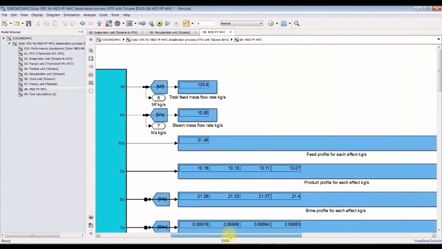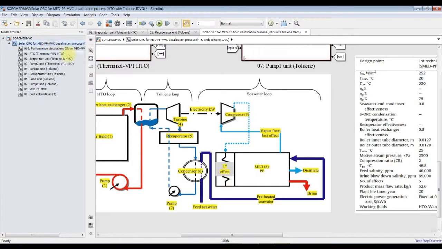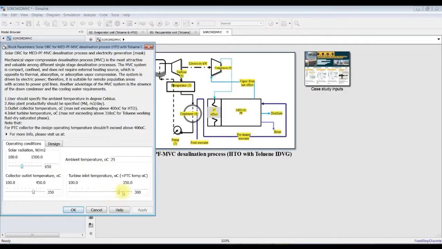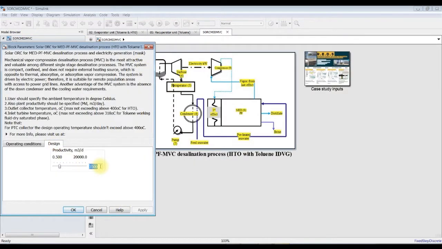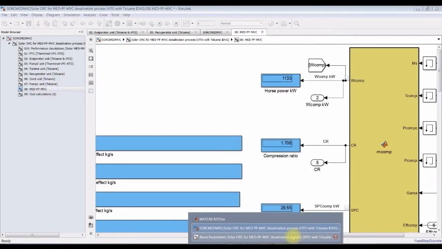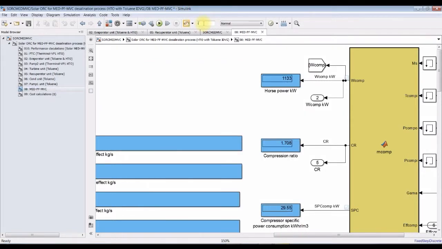Okay, let's see some effects on the power by changing the system productivity. As you can see here, I'm going to change the system productivity for MED to 5000. Going to MED, and here, as you can see, I'm going dynamically.